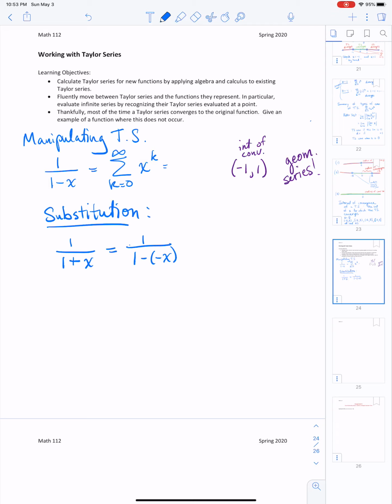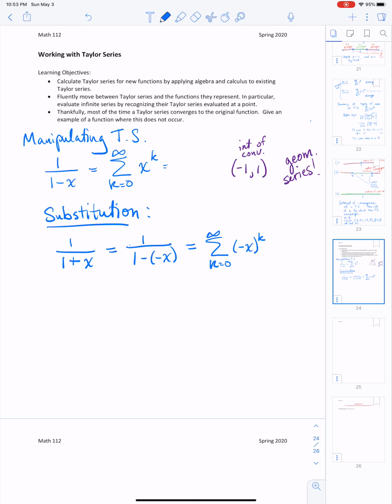So we can just substitute into the Taylor series for 1 over 1 minus x and say that this is the sum from k equals 0 to infinity of minus x to the k. This is kind of cool.